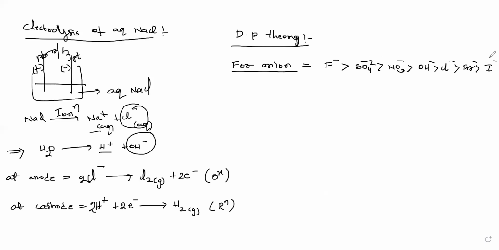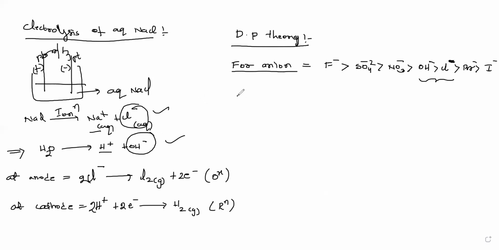In the above solution, how many ions are there? Cl minus and OH minus. Which one has the lowest dP value? Cl minus. That's why Cl minus only is involved in the reaction, not OH minus. The one with the lowest dP value is involved in the reaction at the electrode. The other one does not get involved and remains in the solution in ionic form.